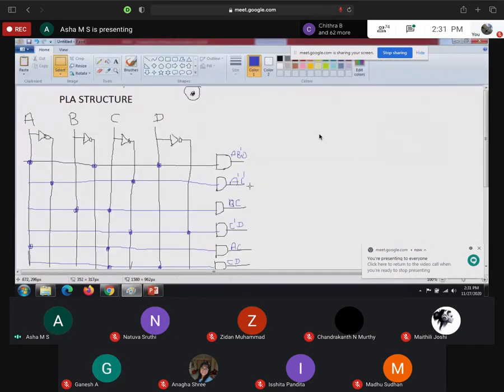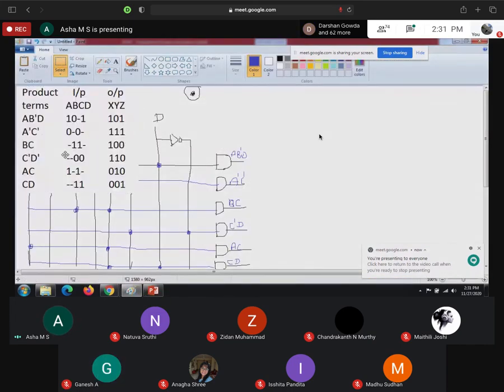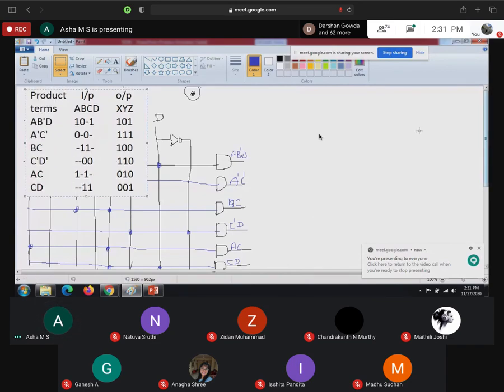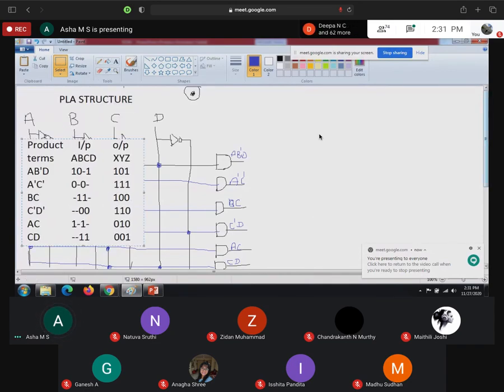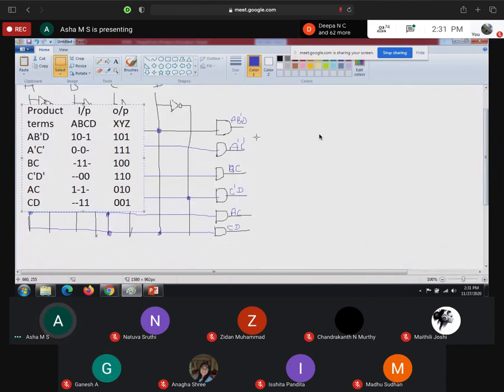Here it is required. I'll keep it here, to make the connection. So now I have the products. Now I want the output functions. What are the output functions? X, Y, Z. How many OR gates are required?